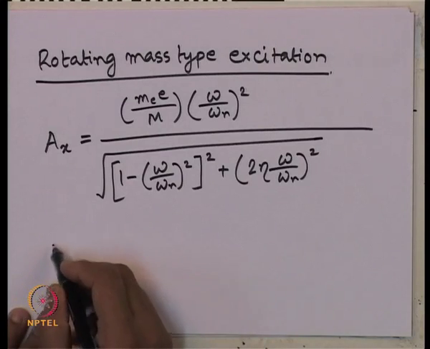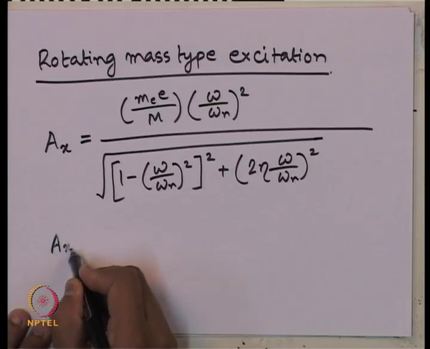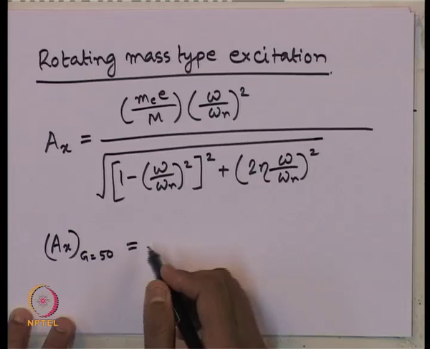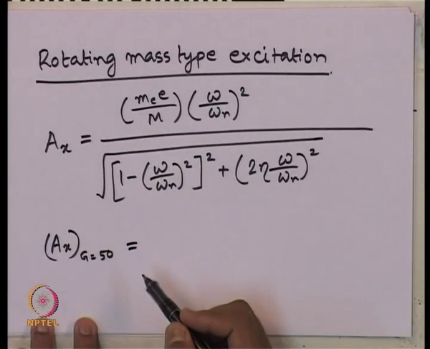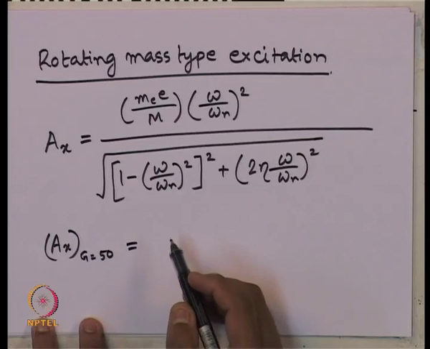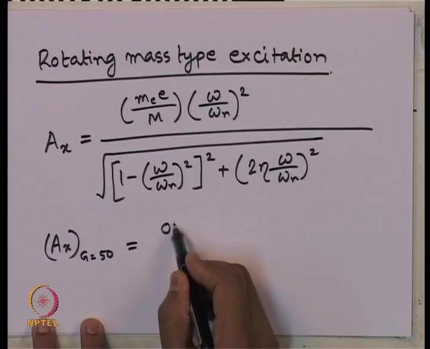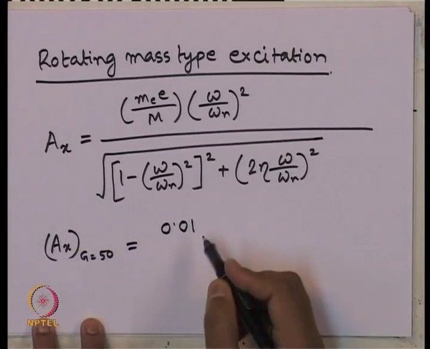Okay. So, for A x at G equals to 50, first type of soil, m e e by m we had considered already, calculated as 0.01 centimeter, right.